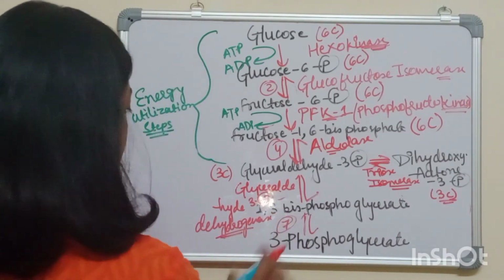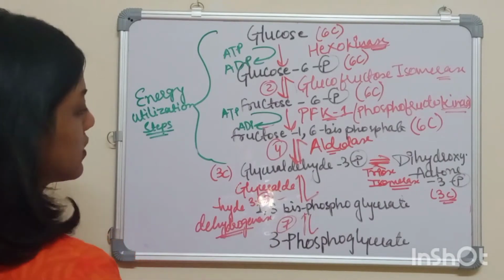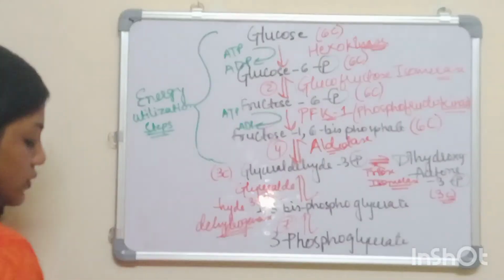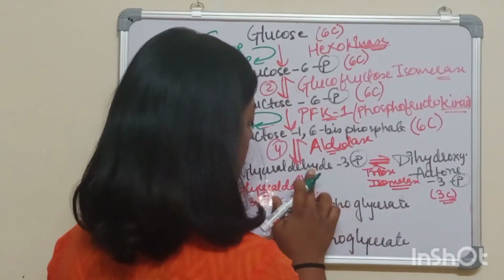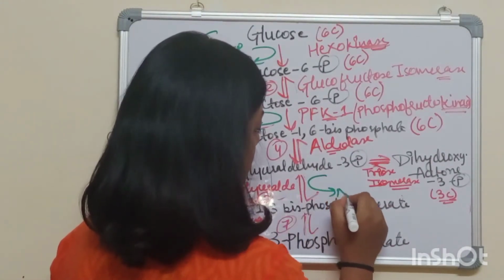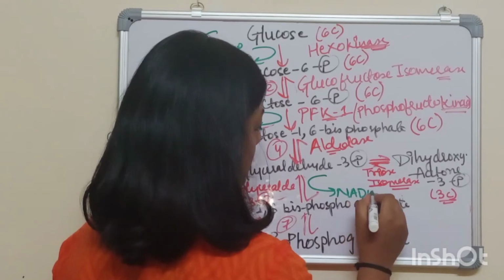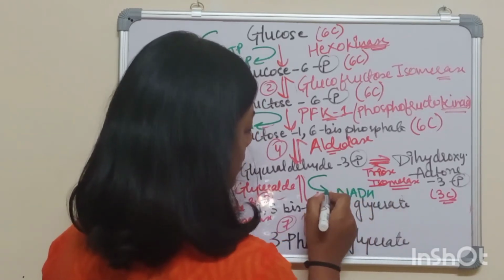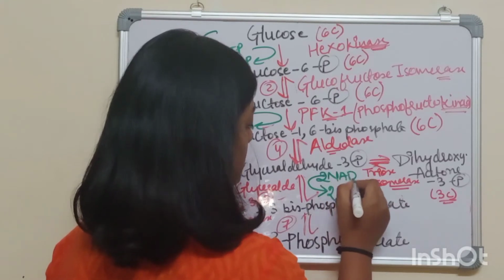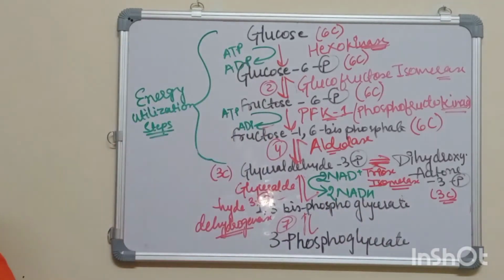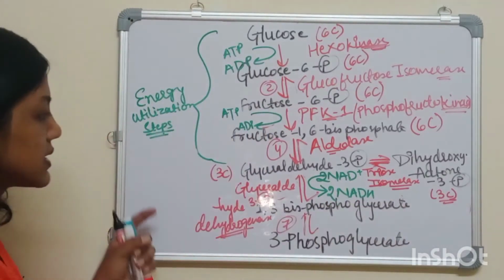As it is a dehydrogenase, it is involved in the production of NADH: 2 NADH from 2 NAD plus. So 2 NADH are produced in this step.